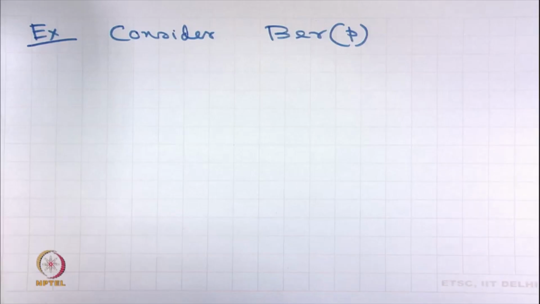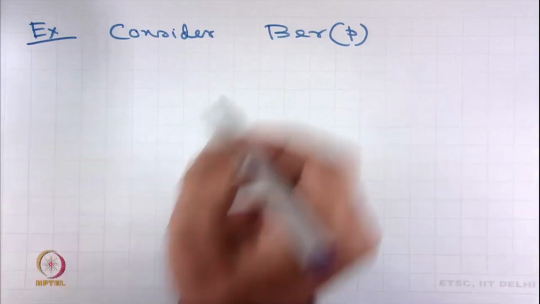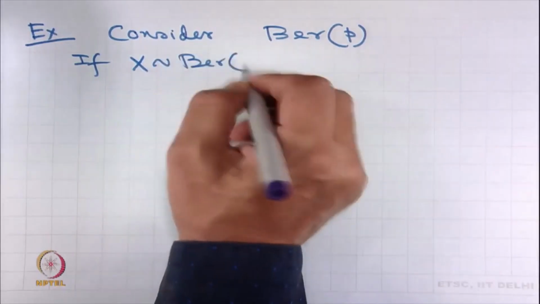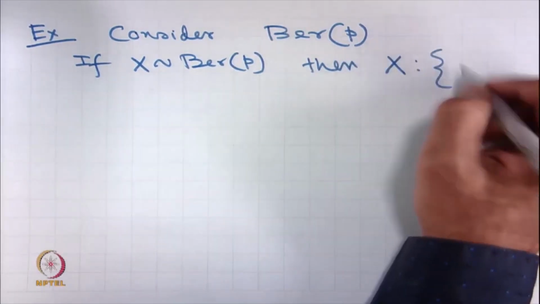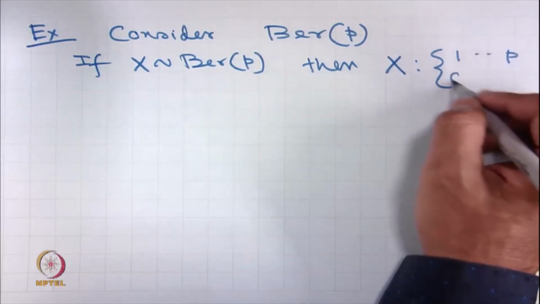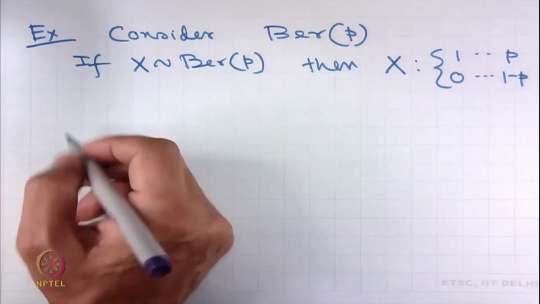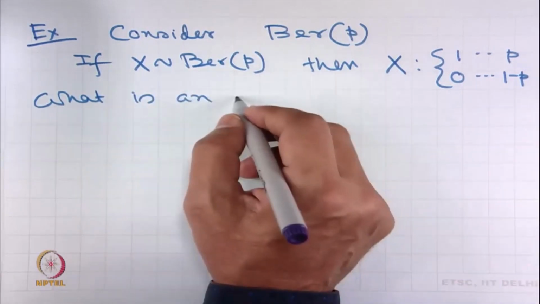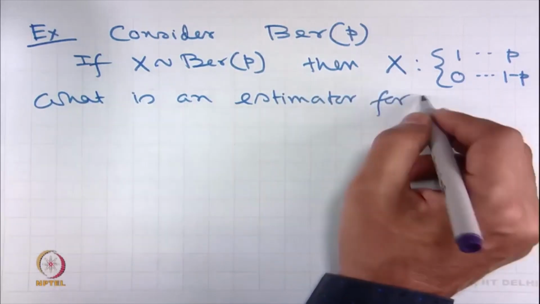We know that if I toss a coin, then P is the probability of head, or mathematically, if x follows Bernoulli of P, then x can take two values, 1 with probability P and 0 with probability 1 minus P. What is an estimator for P?